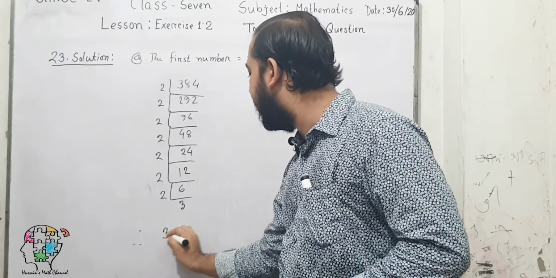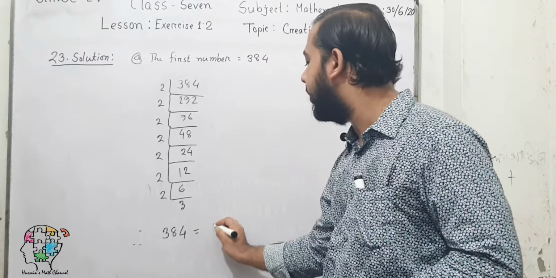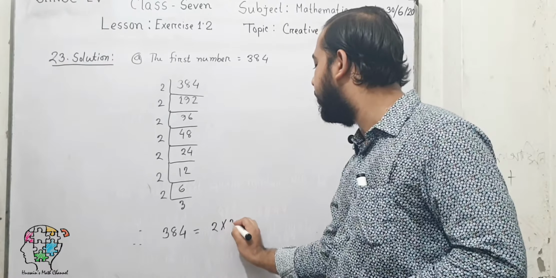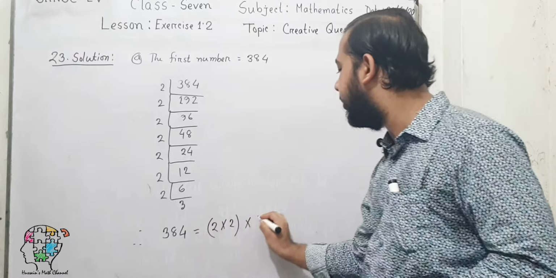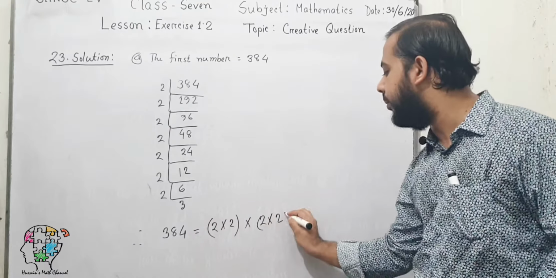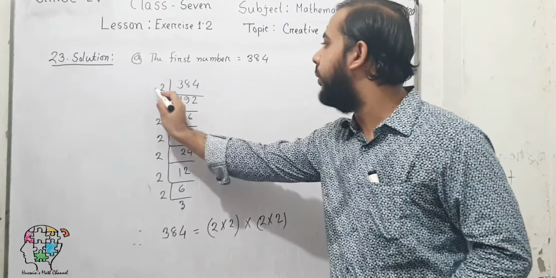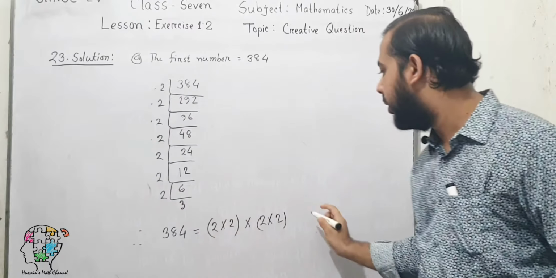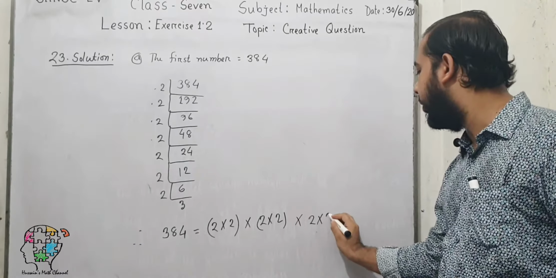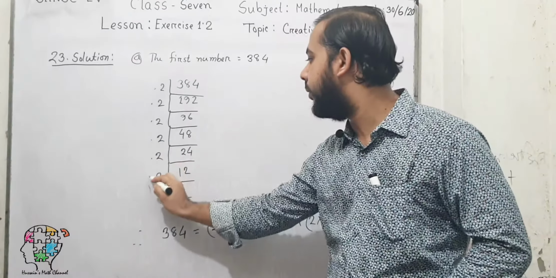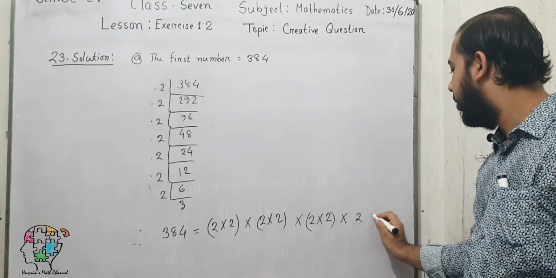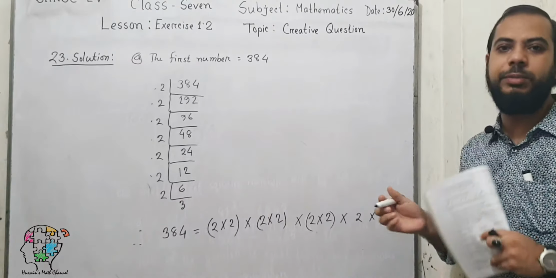Therefore 384 will be 2 times 2, this is a pair, 2 times 2, another pair, so we take 1, 2, 3, 4. Now 2 times 2, another pair, and finally we got 2 times 3.